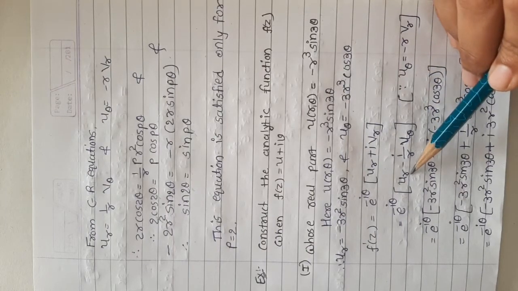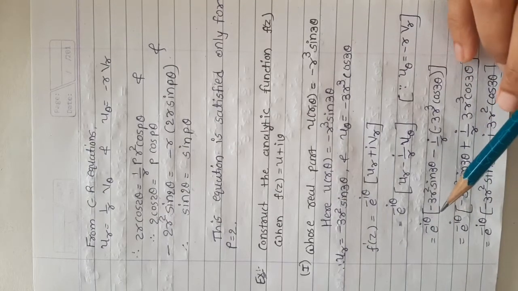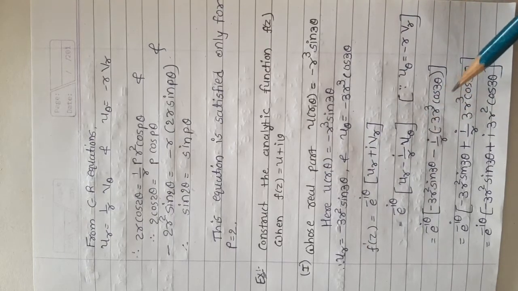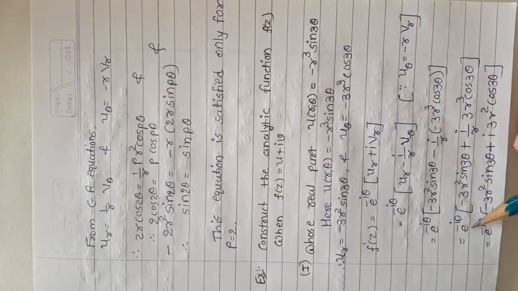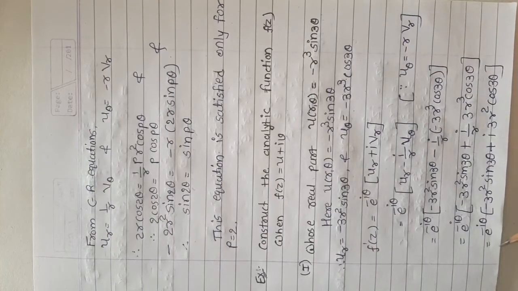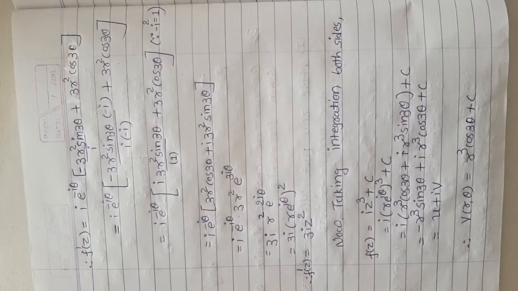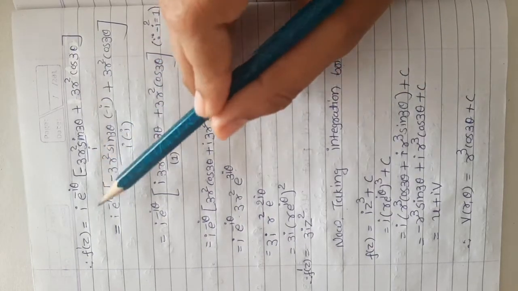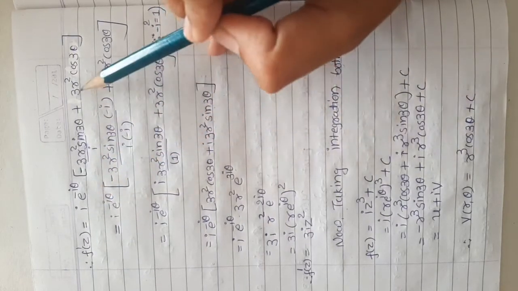Now put the values of u_r and u_θ. We get e^(-iθ)[-3r² sin 3θ - (i/r)(-3r³ cos 3θ)], so e^(-iθ)[-3r² sin 3θ + i·3r³ cos 3θ / r], and r cancels out, so 3r² cos 3θ. Therefore, f'(z) = i e^(-iθ)[...]. Now we take i common, so in the denominator we have i.